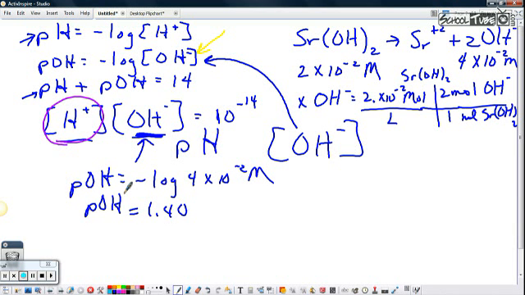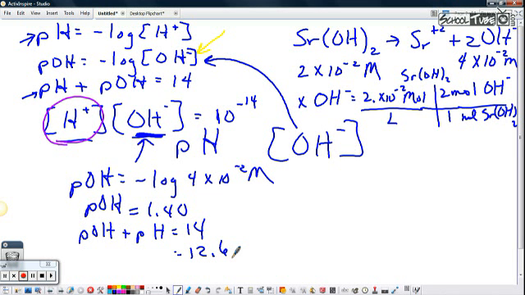Remembering that the pOH plus the pH equals 14. That subtracted from 14 is going to give me 12.6. That 14 is exact, so keep your decimal.